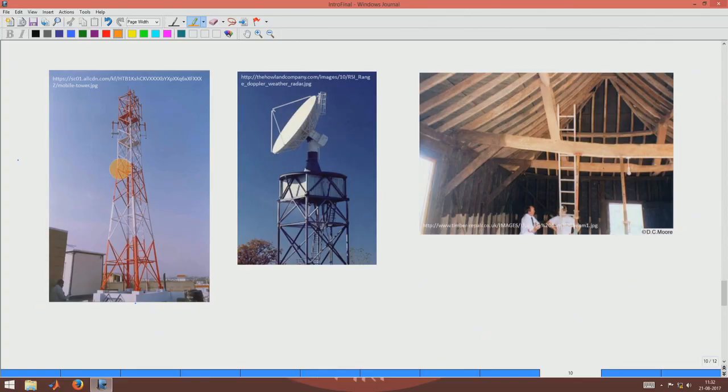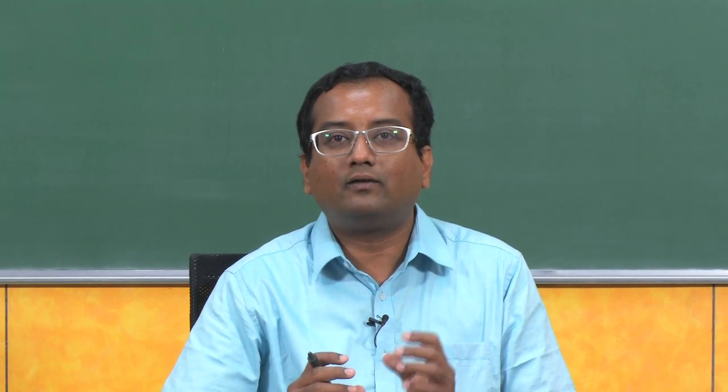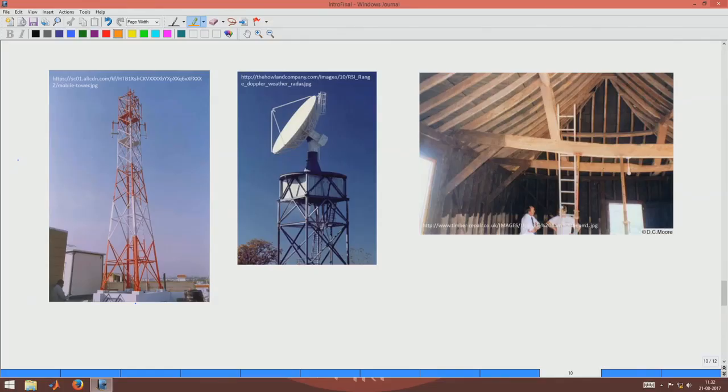Examples of these are mobile antenna towers, weather antenna towers, and so on, wherein it is essential to maintain the shape of the structures accurately, because the mobile tower will not be able to receive signals if it deforms more under a wind load or under heavy rains and so on.